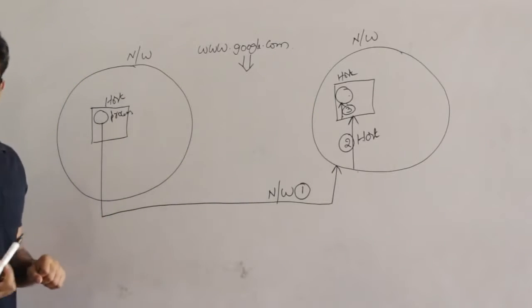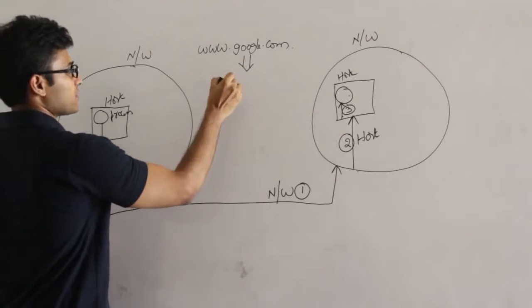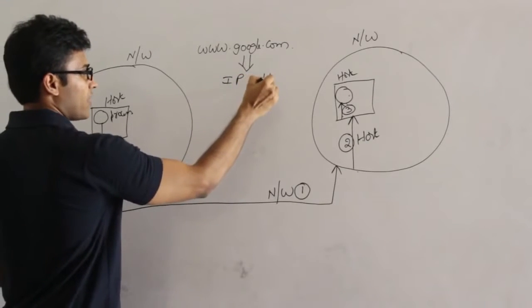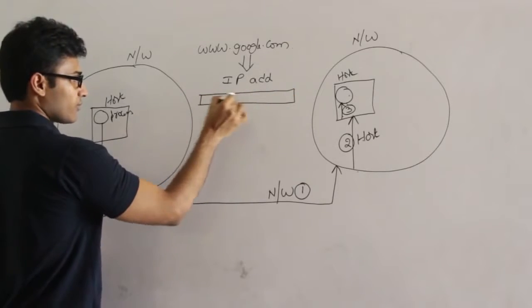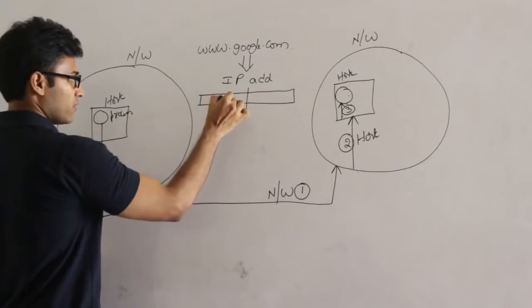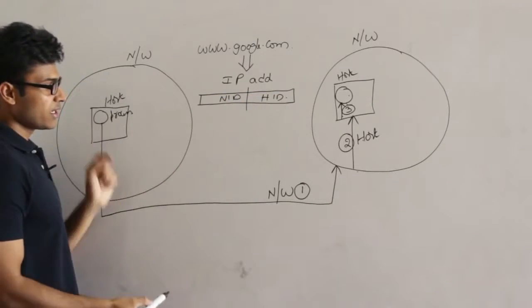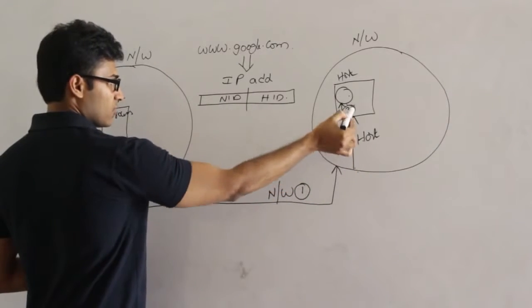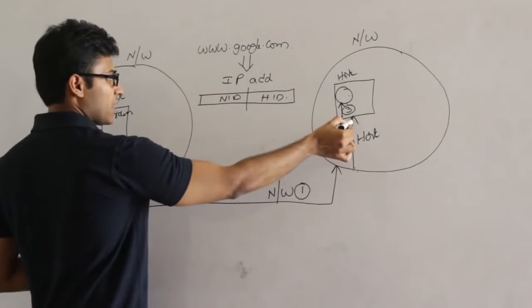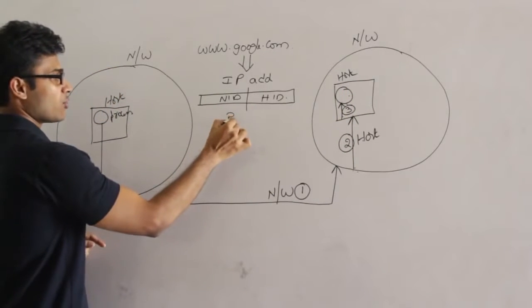So there has to be a service which converts the domain name into an IP address. An IP address has 2 parts. One part is called the network ID and the other part is called the host ID. Therefore using the network ID we can reach the target network, and using the host ID we can reach the target host. And then in order to reach the process we need something called a port number.